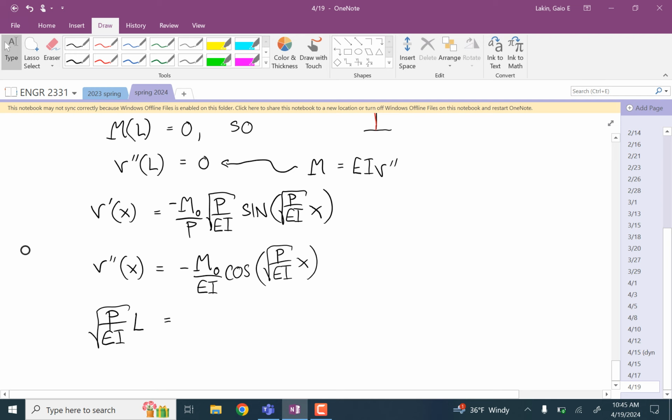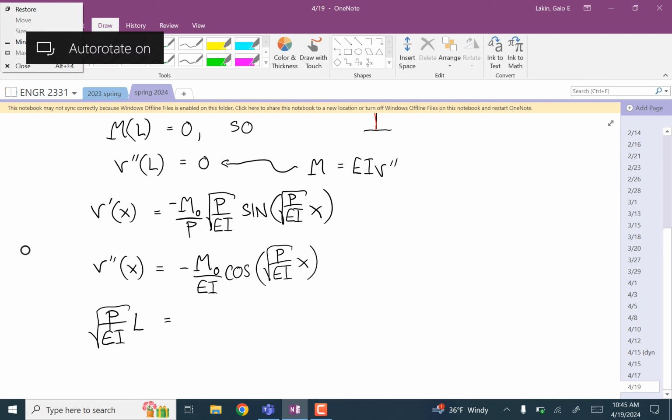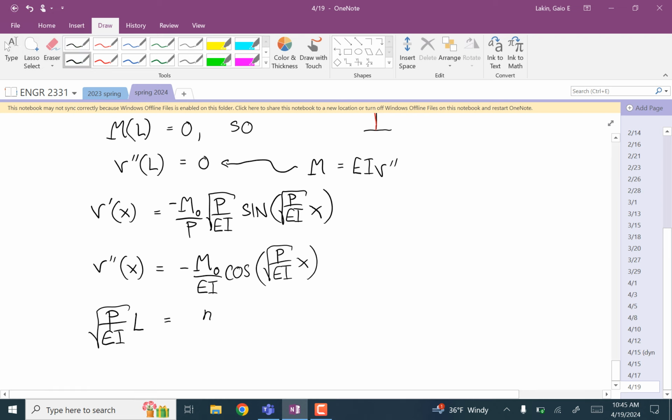So this is equal to n pi over 2. And what are the n values we can have? We can have 1, 3, 5.